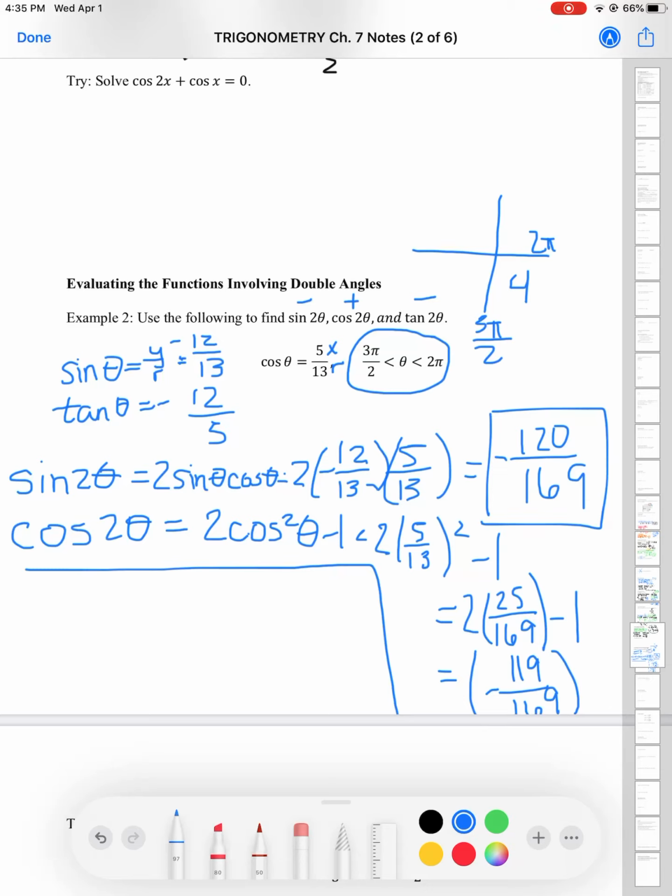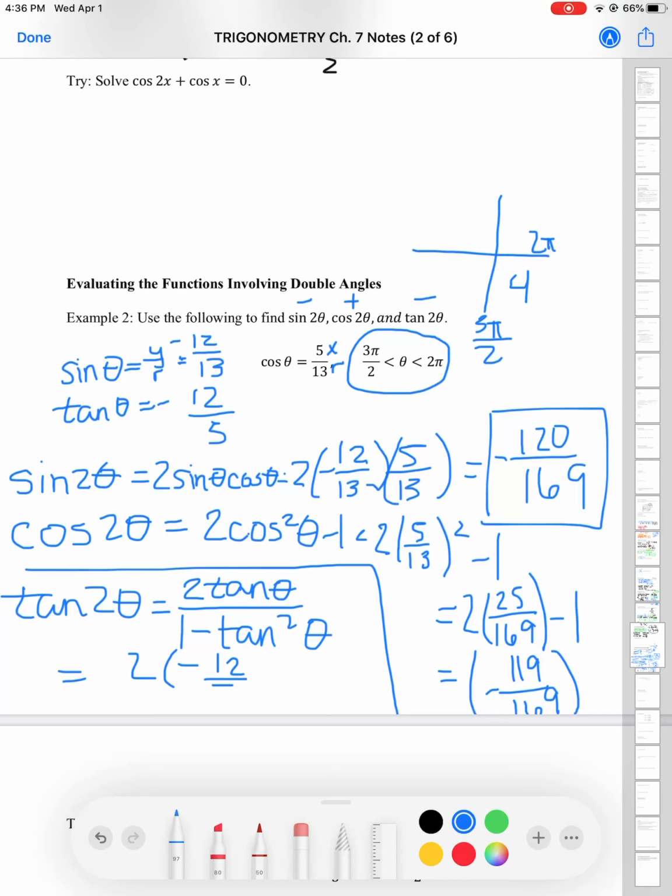And then for tangent 2 theta, I'm using a different stylus, so it's not working out very well. We have 2 times tangent theta over 1 minus tangent squared theta. So we have 2 times negative 12 over 5 over 1 minus negative 12 over 5 squared.